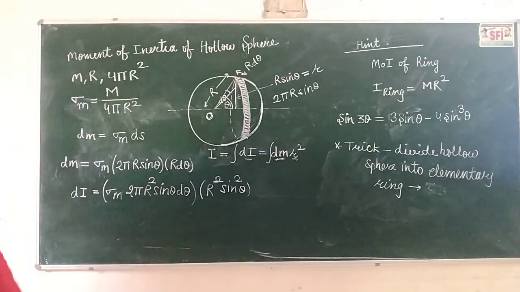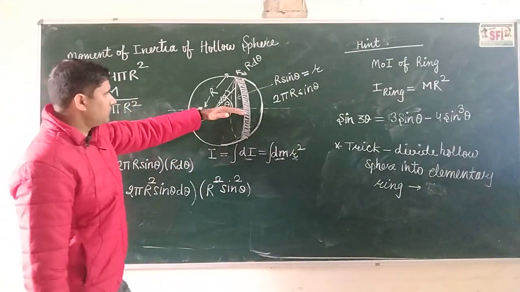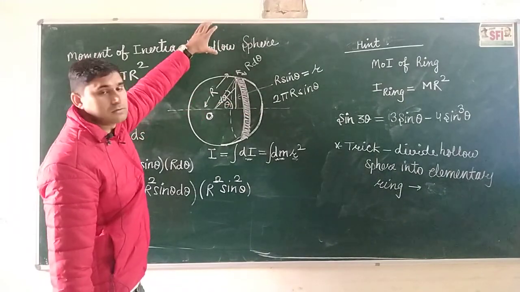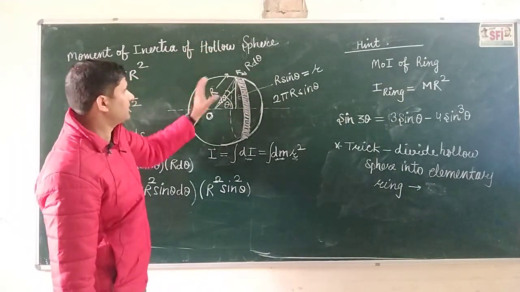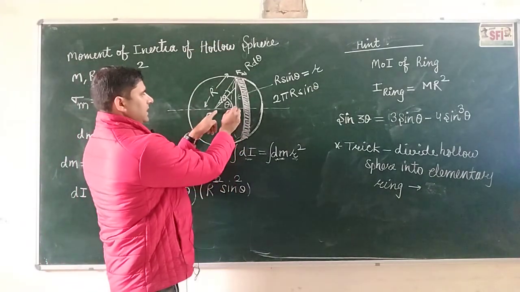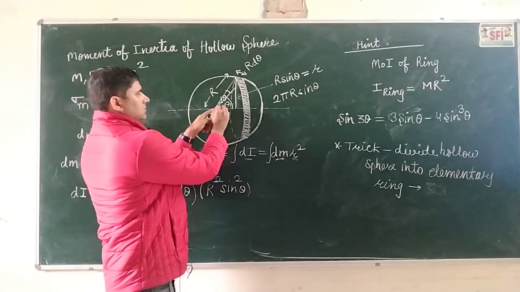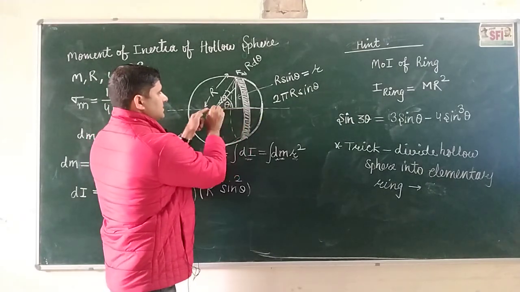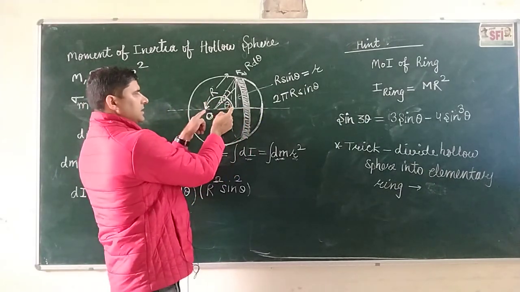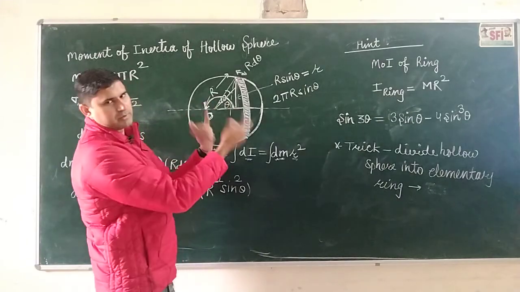Now you are to integrate it. Okay, so if you are to cover the complete curved surface area of the hollow sphere, then you have to change this angle from this reference line to this. So the angle covered here will be from 0 to pi.